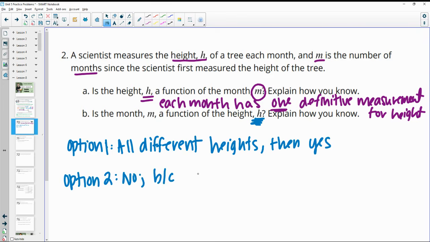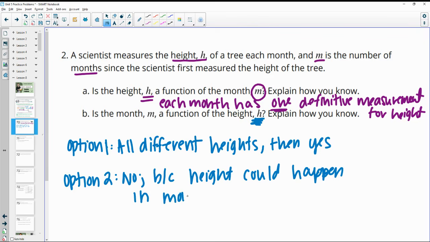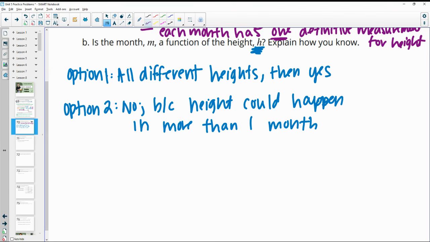Because you could look at a height, and a height could happen in 2 different months or in more than 1 month. And so if we take a look at this, maybe I'll just draw out a chart here.